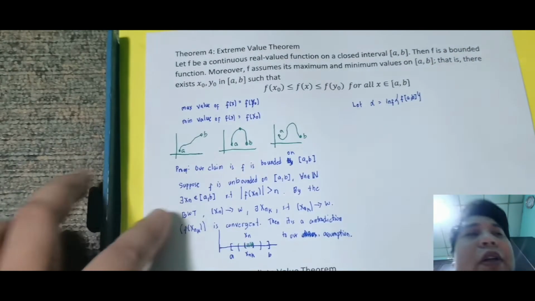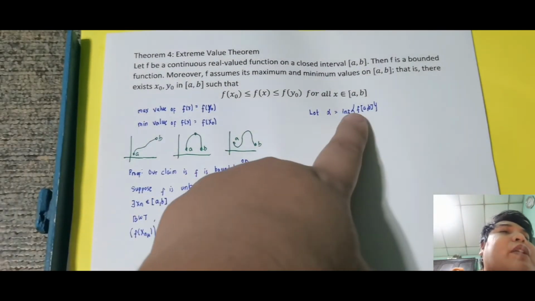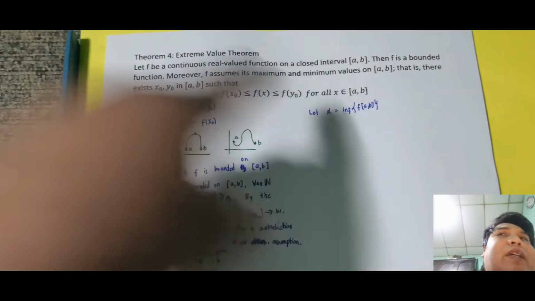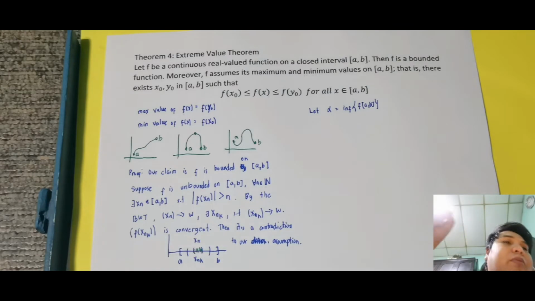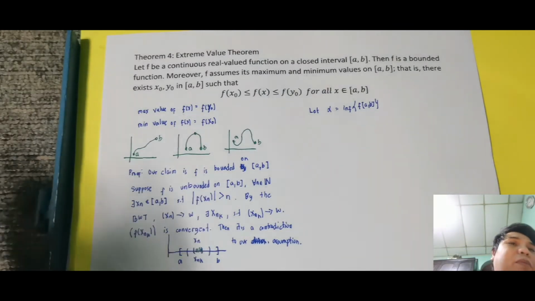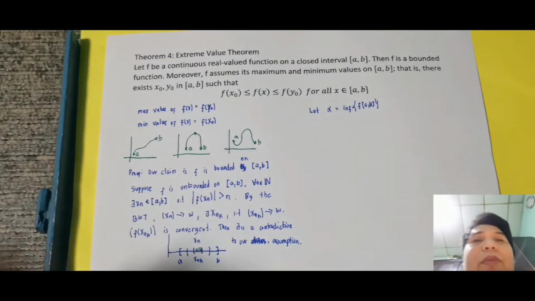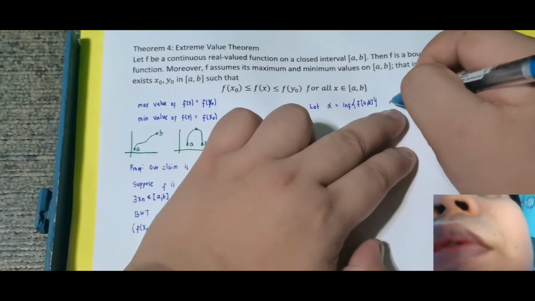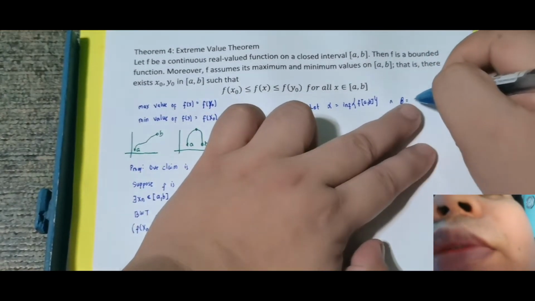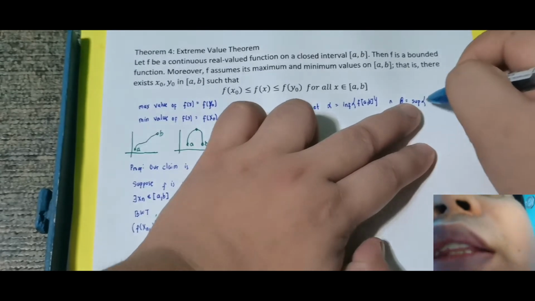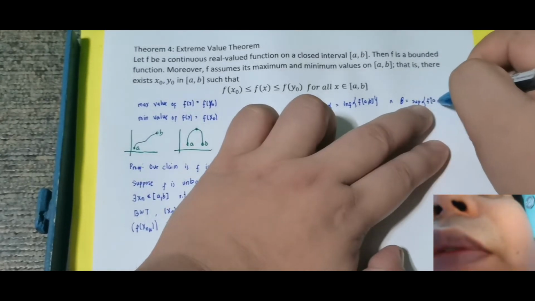So what did I do? The set f of (a, b) consists of f of a, f of 1, f of 2, f of 3, f of 4, f of 5. Alpha is its infimum. And let beta be the supremum of that set f of (a, b) also.